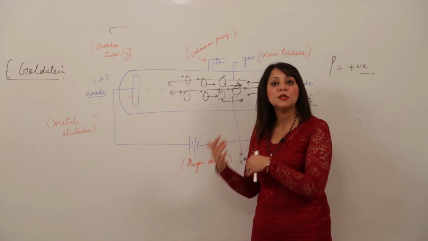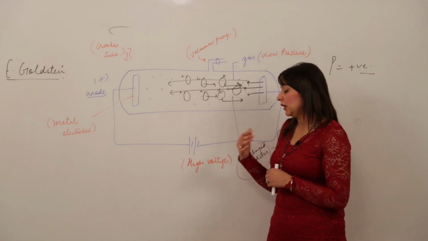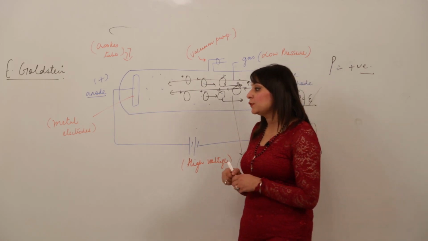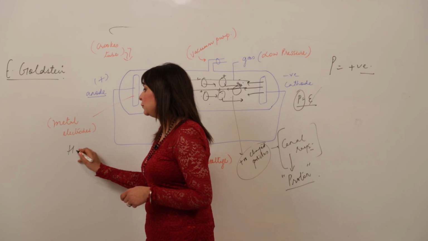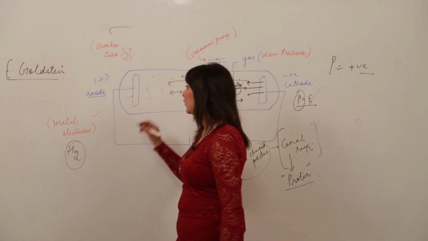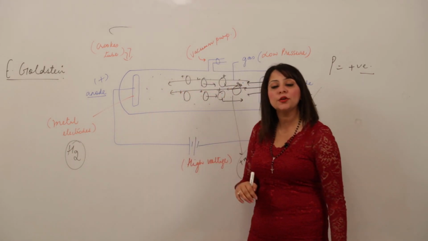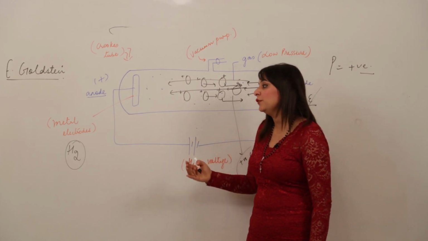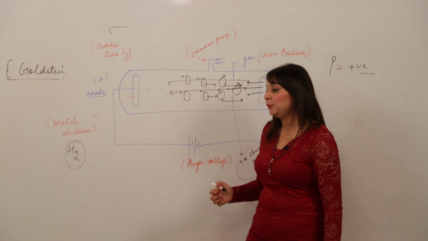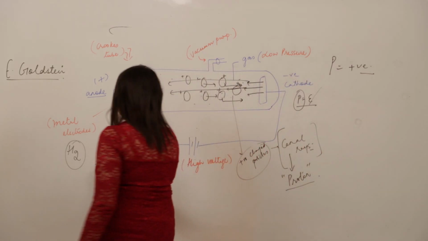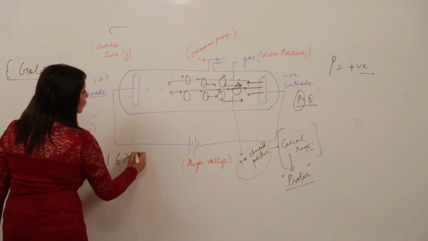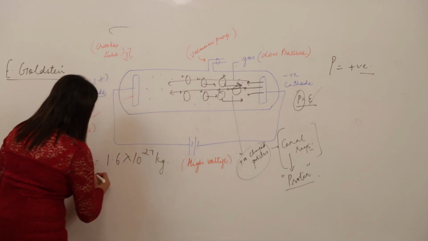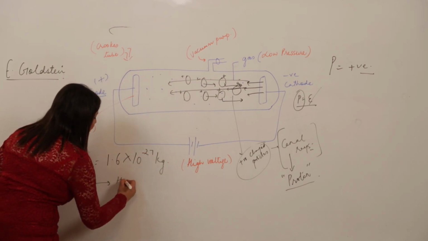When further experiments were performed, E. Goldstein found that it was minimum in the case of hydrogen gas, when hydrogen was taken in the Crookes tube. So the mass of the hydrogen was considered as the mass of the proton, that is 1.6 into 10 raised to power minus 27 kg, which is almost similar to the mass of the hydrogen atom.